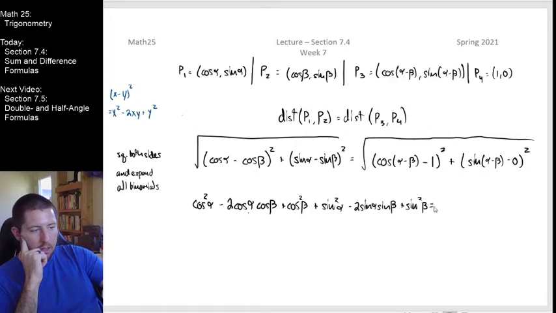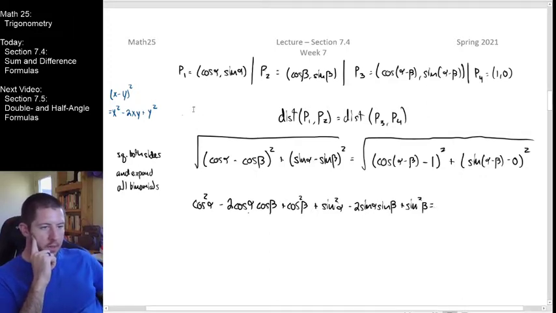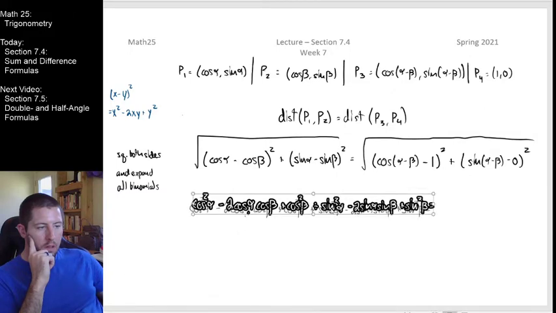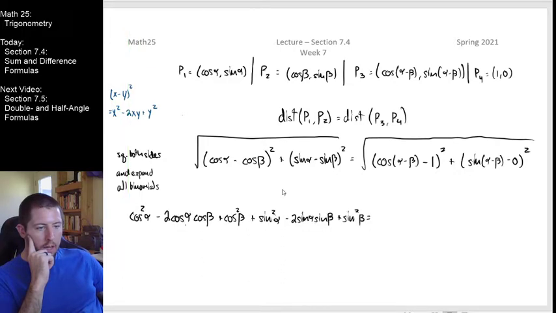Uh-oh. I don't know if I set myself up for success here with this amount of room. Let me... Okay, there we go. I've gotten a little bit smarter here lately.